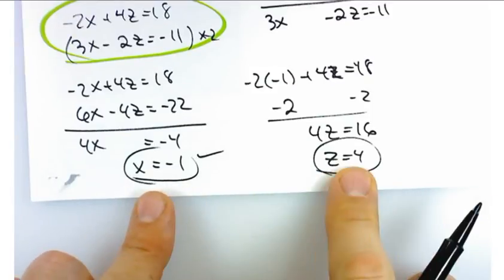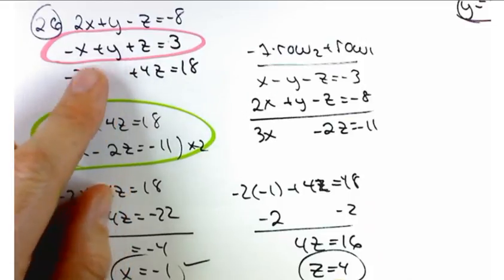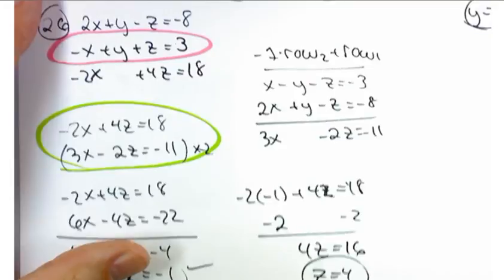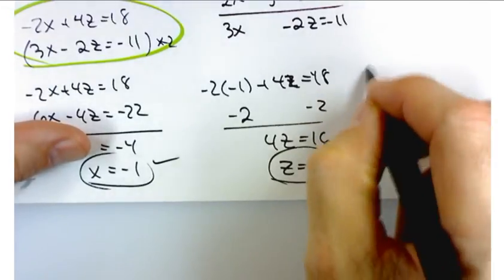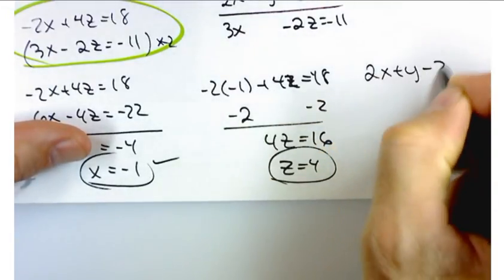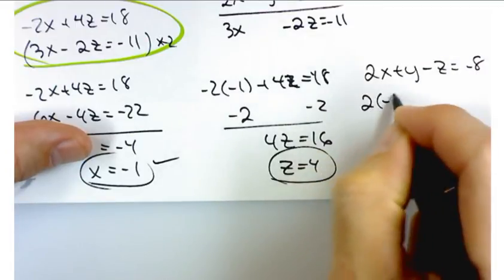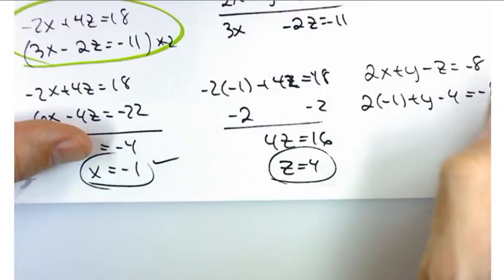With both x and z, I need to come back up here and plug into an equation to find y. Does it matter which one of these I use? Not so much. You just can't use the last one. It's not going to give you any information. But let's just use the first one. So that's 2x plus y minus z equals negative 8. 2 times negative 1 plus y minus 4 equals negative 8.